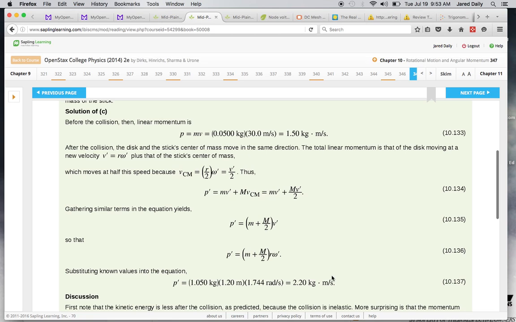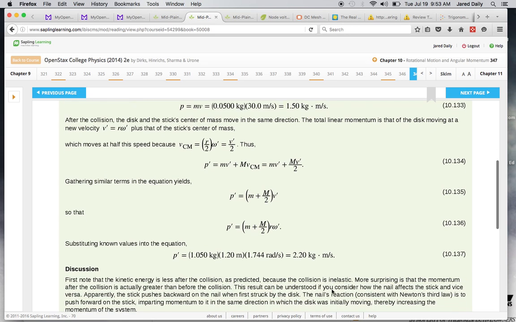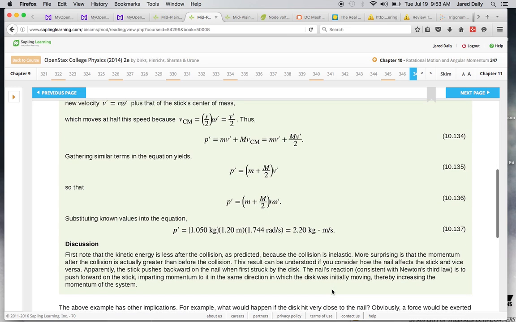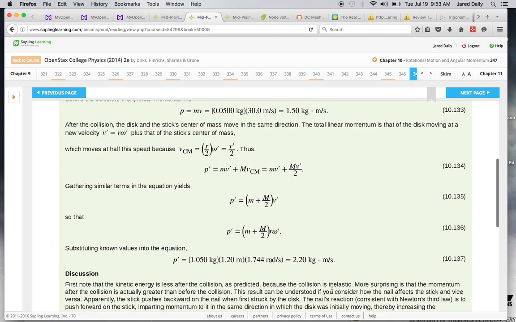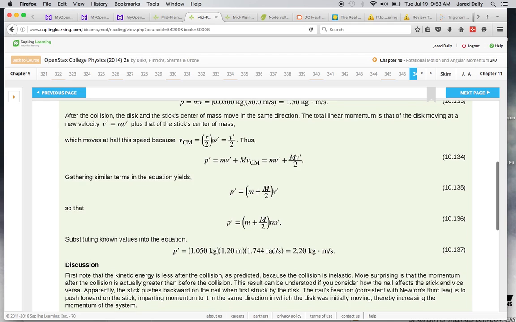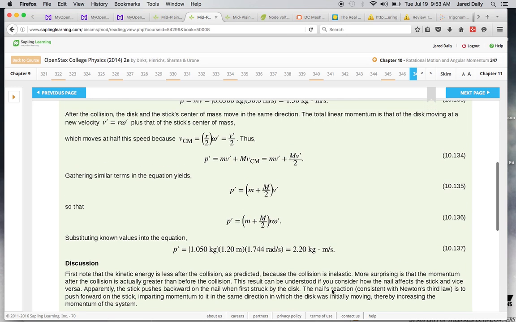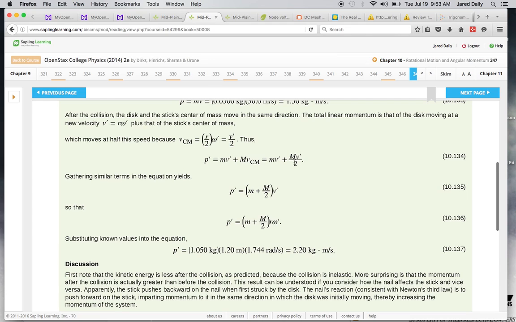We actually have an increase in linear momentum. So you can actually see, we see a decrease in rotational kinetic energy and an increase in linear momentum. Kind of interesting. Well, this is not kinetic energy, sorry, this is linear momentum.